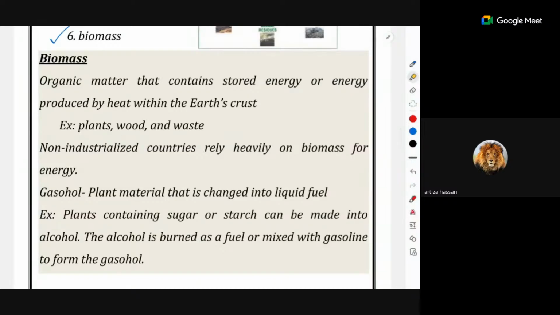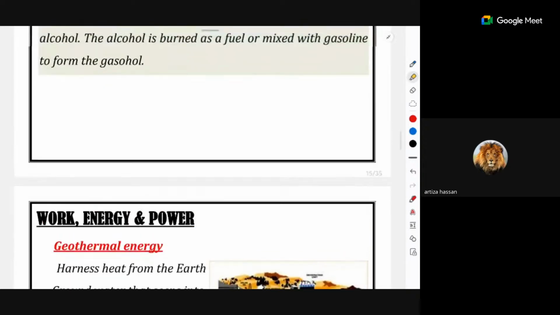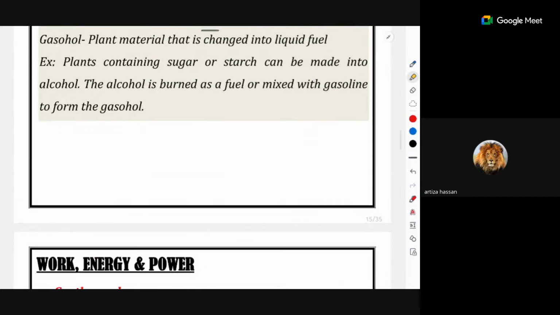Biomass is one of them, which means that organic matter is decomposed. For example, we use the waste of wood and crops, in non-industrial, agricultural countries. We use those plants to get decomposed, right?